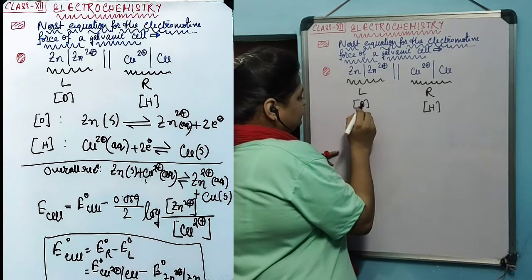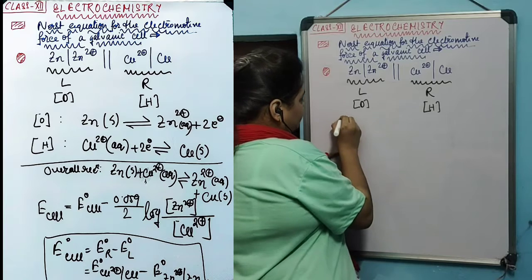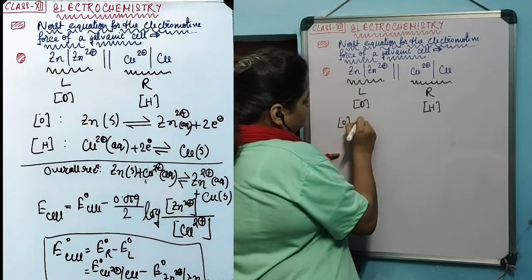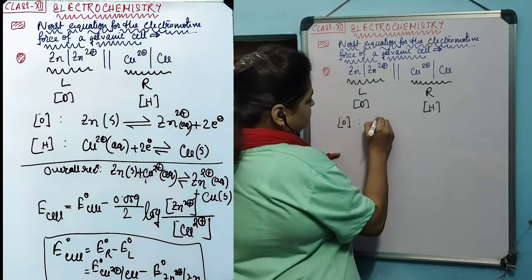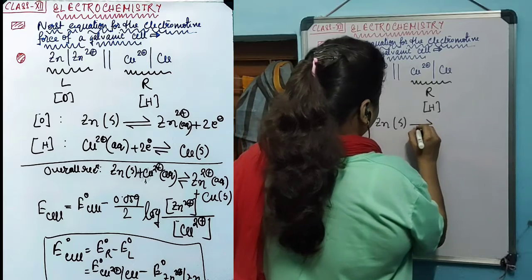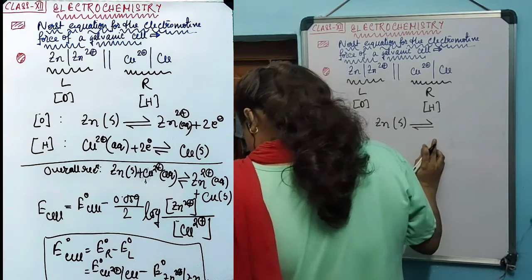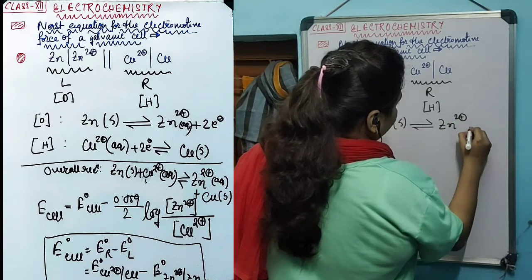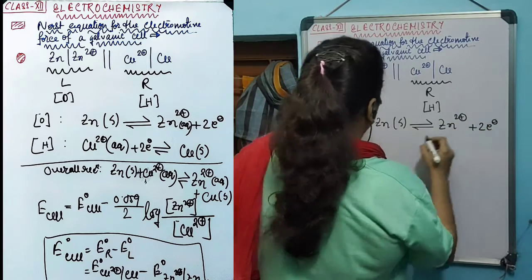Let's construct the anode half cell, or oxidation half cell. This is the oxidation half cell in which zinc in solid state is producing zinc 2 plus by the release of 2 electrons.